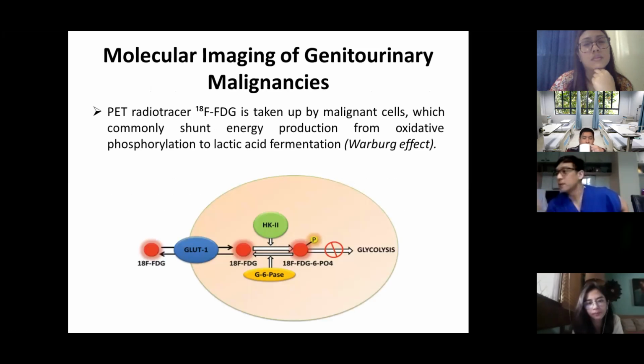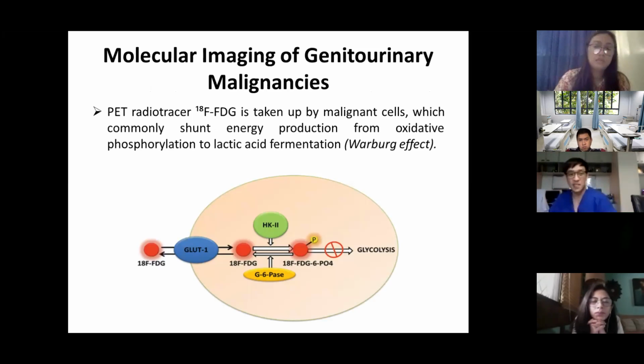So molecular imaging of genitourinary malignancies, PET radiotracer, or the 18-fluorodeoxyglucose is taken up by malignant cells, which commonly shunt energy production from oxidative phosphorylation to lactic acid fermentation, which is also known as Warburg effect. So what happens here is that the 18-fluorodeoxyglucose, which is a glucose analog, is taken by metabolically active cells via GLUT1.